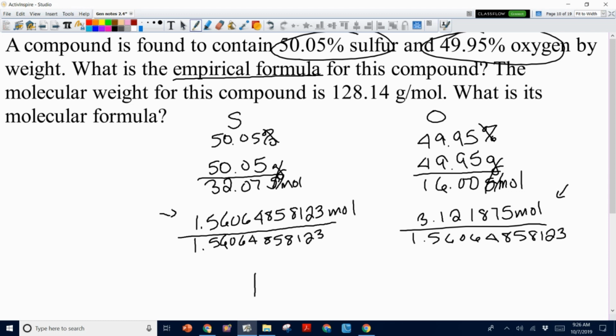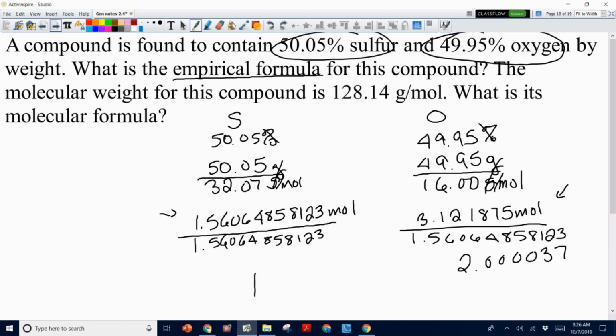So we're going to take our 3.1218 and divide that by the 1.5606 4858123. We're going to get 2.00037, etc.